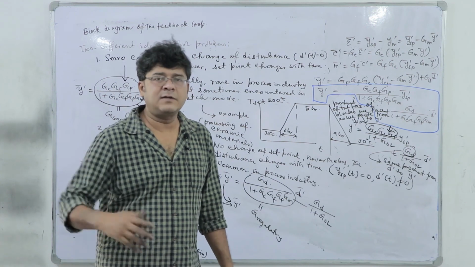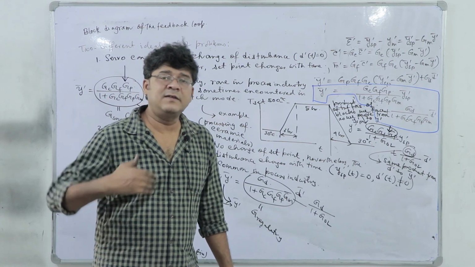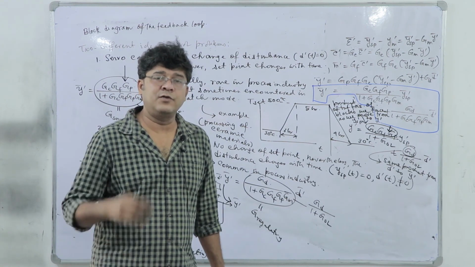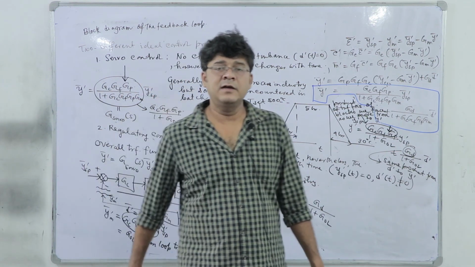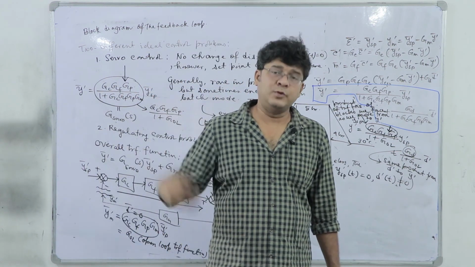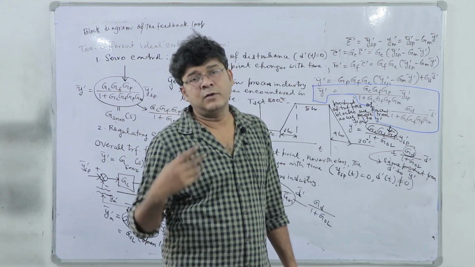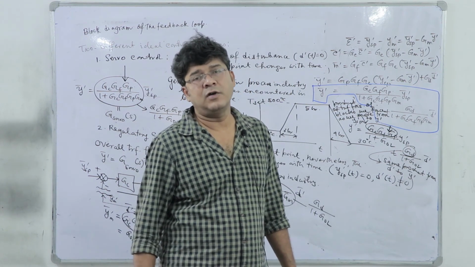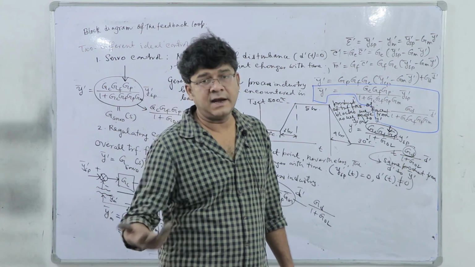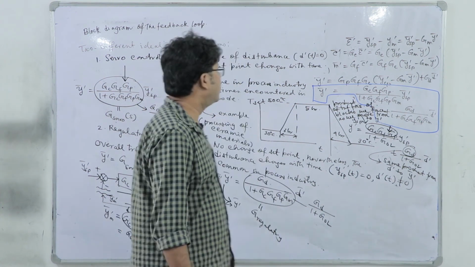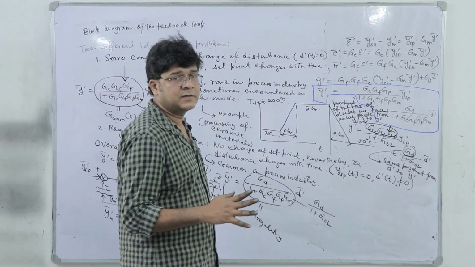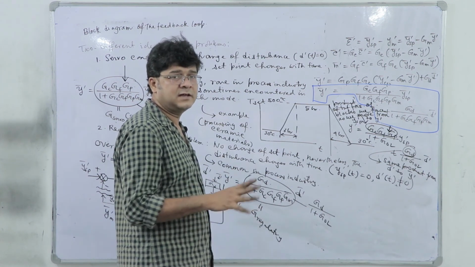With that we will try to understand, if it is servo control and the set point is changed by a step input, how the output is going to change if we are controlling a first order process with a proportional controller, a PI controller or a PID controller. That is referred to as the dynamics of the feedback control loop. We will discuss it in the next session.